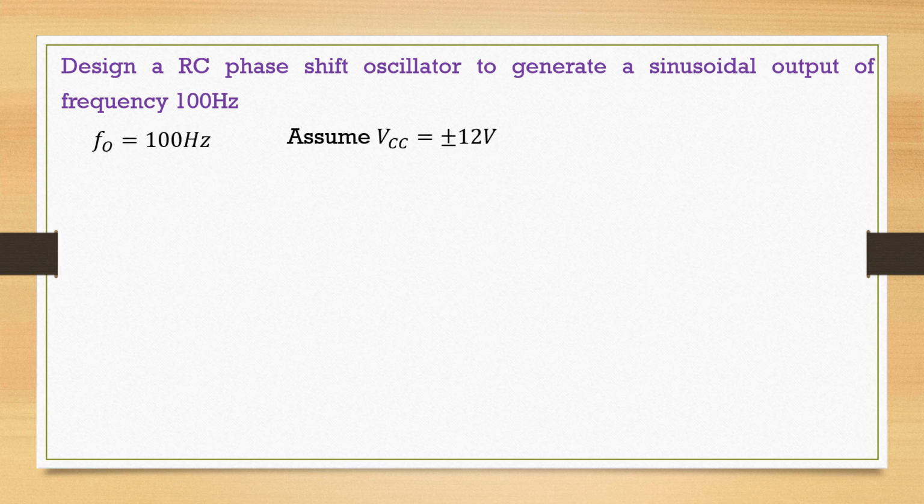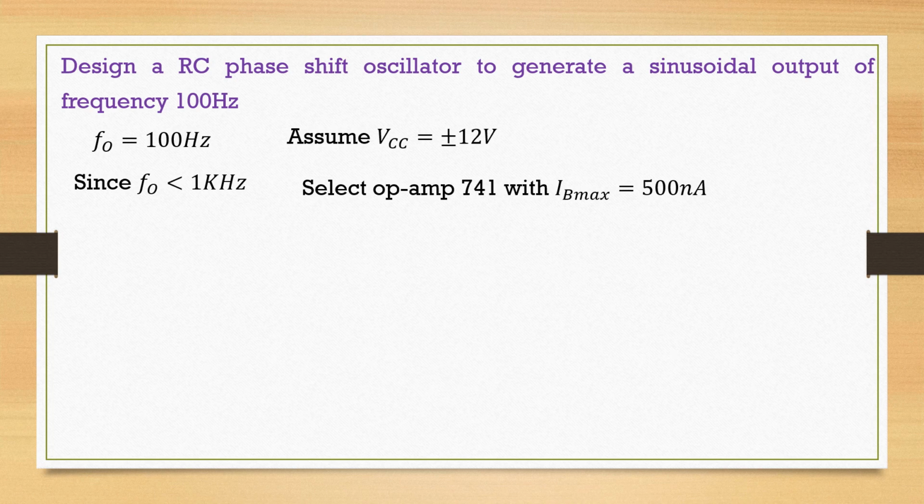F0 will be equal to 100 Hz, and we will assume here VCC is equal to plus or minus 12 volt, that is the supply voltage plus VCC and minus VEE. Since the frequency is less than 1 kilohertz, we will be using the 741 op amp, and for the 741 op amp IB max will be equal to 500 nano amperes.